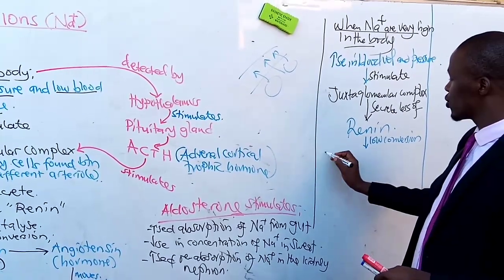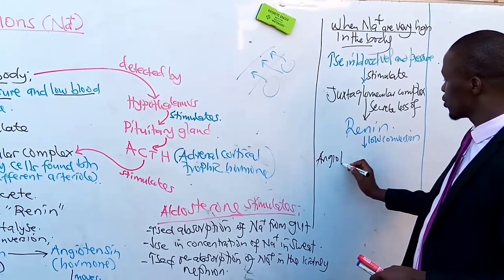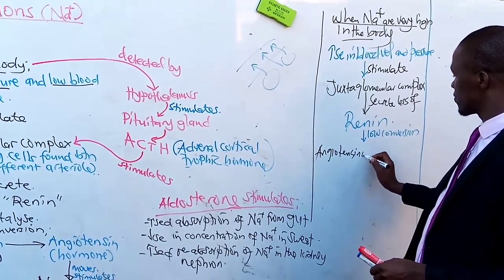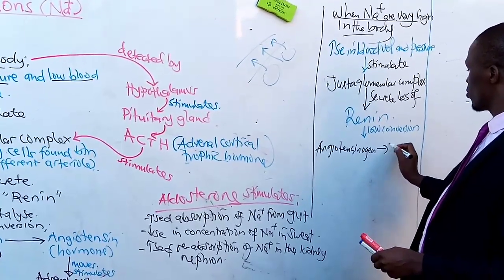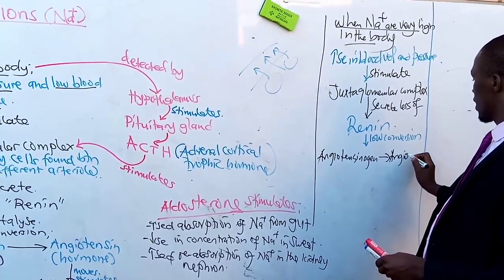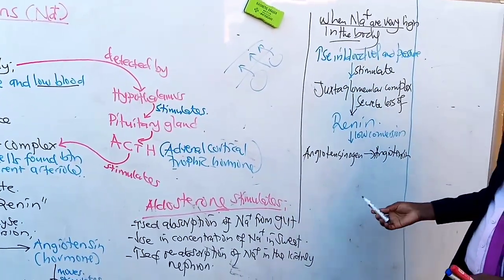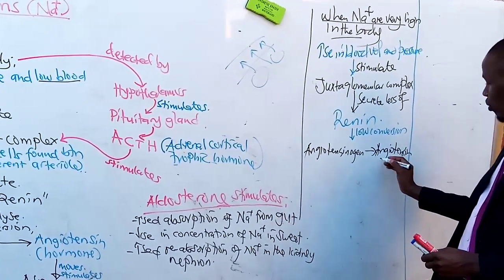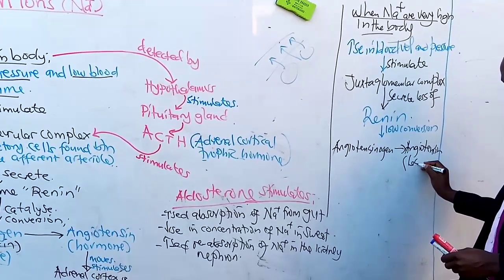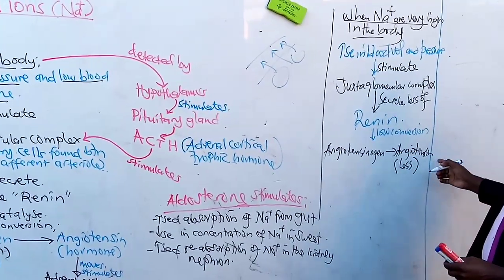of angiotensinogen into angiotensin. So we shall have a lower conversion of this. It means we are going to end up having less of the angiotensin.